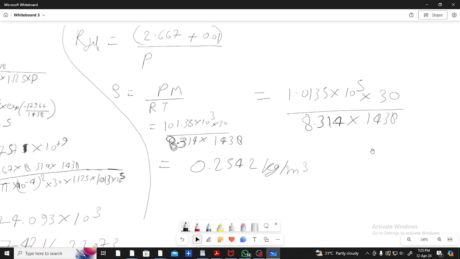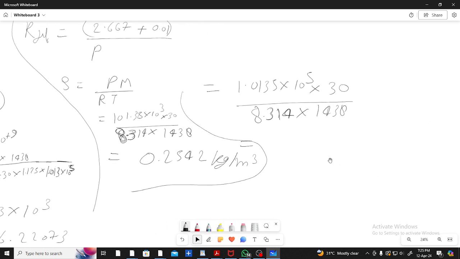That should be 8314, not 8.314, in the denominator. If you are taking all the units in SI, still the 8.314 is in kilojoule. Just give me 8.314 upon molecular weight. This will give it.